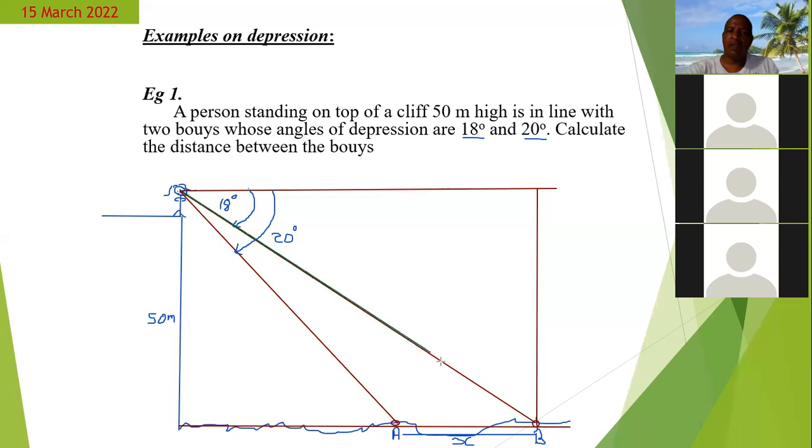So we have to work with this triangle here, because that's the one where the two buoys would have been some distance apart, right? So it means that the angle of depression that we have would be outside the triangle that we are working with.